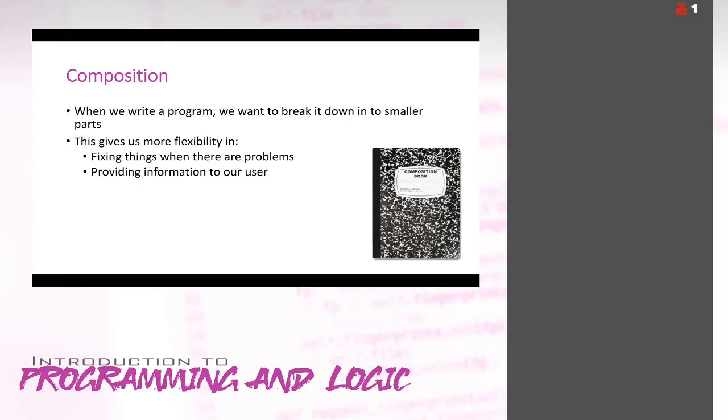Because if we break things down into small parts, then we have these small parts still in memory. Now that doesn't mean we need to keep everything in memory as a variable or stored somewhere. For our example today, we're probably going to go a little overboard with what we keep in memory because we're not going to use everything that we keep in memory.